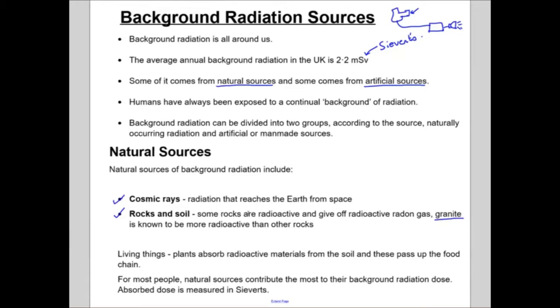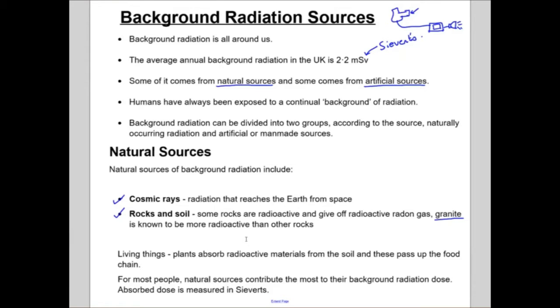I think those playing marbles, if you see, are made out of granite. And if you place them in front of this Geiger-Müller tube, you could see an increase in the count, or the frequency of the popping sound would increase.